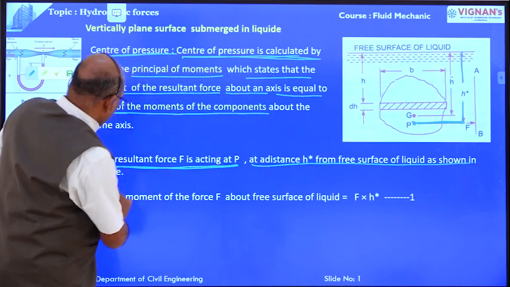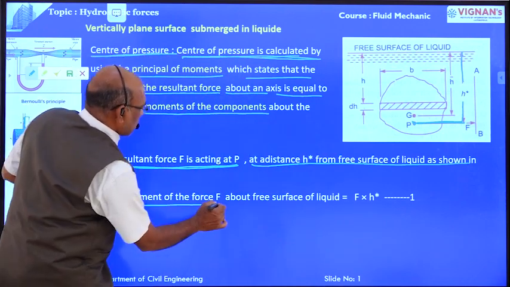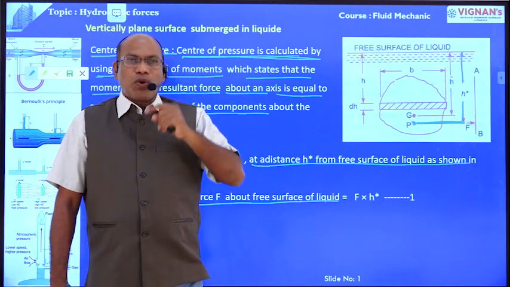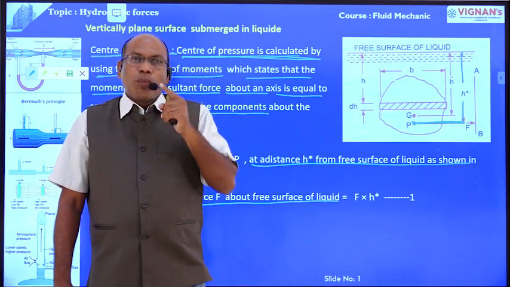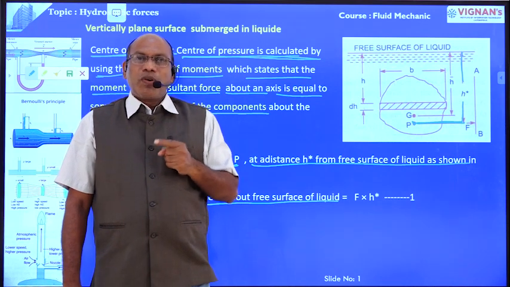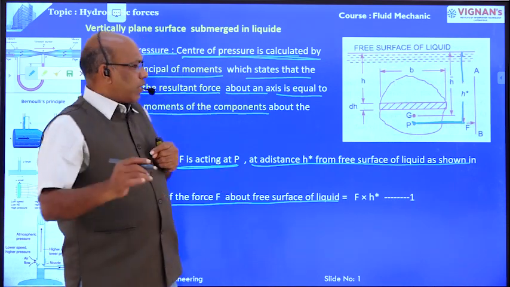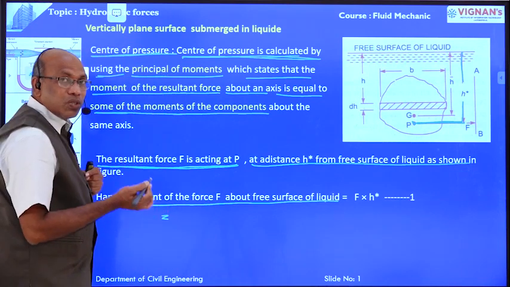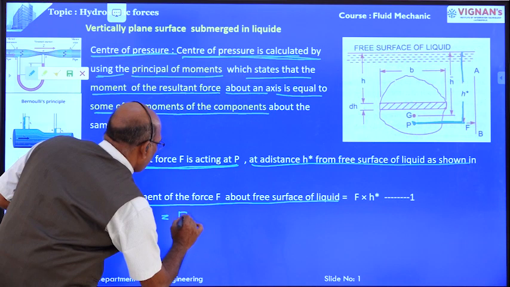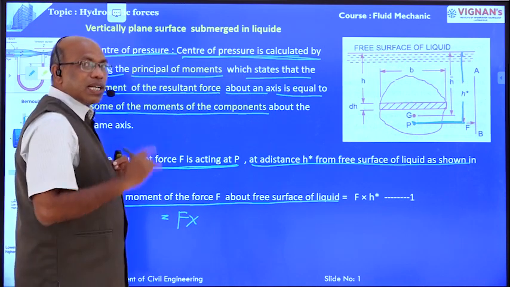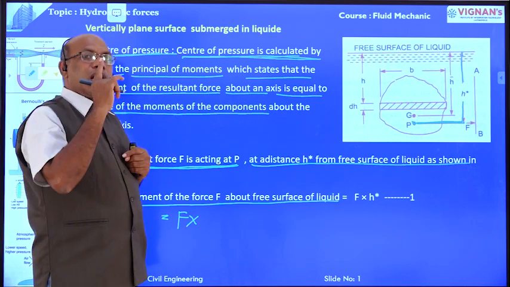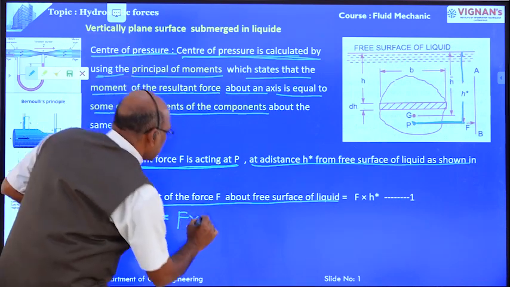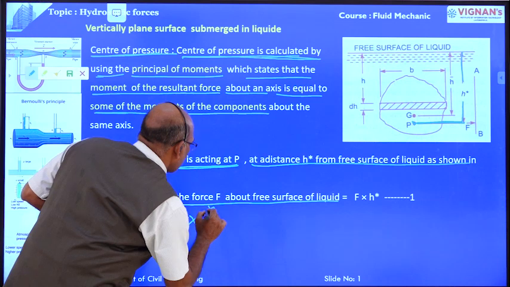Hence, the moment of the resultant force about the free surface of liquid is equal to moment means force into distance. The total force is F, into the distance between the center of pressure and the free surface, that is H star.